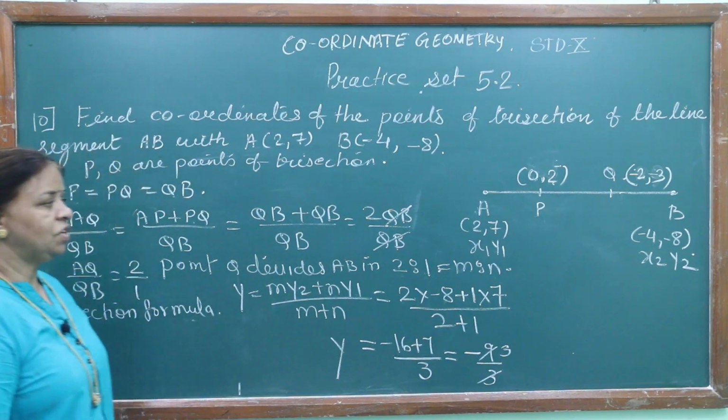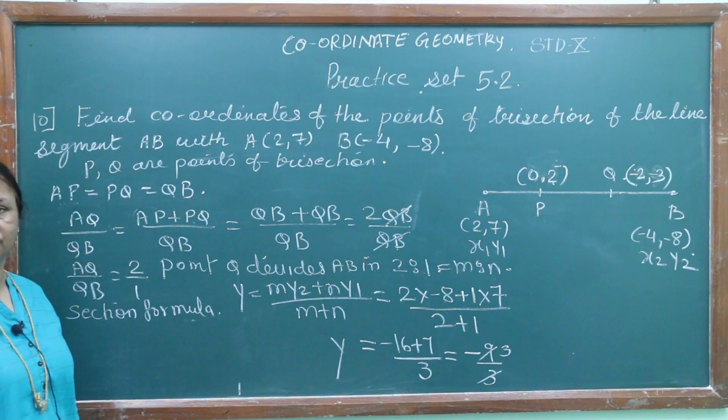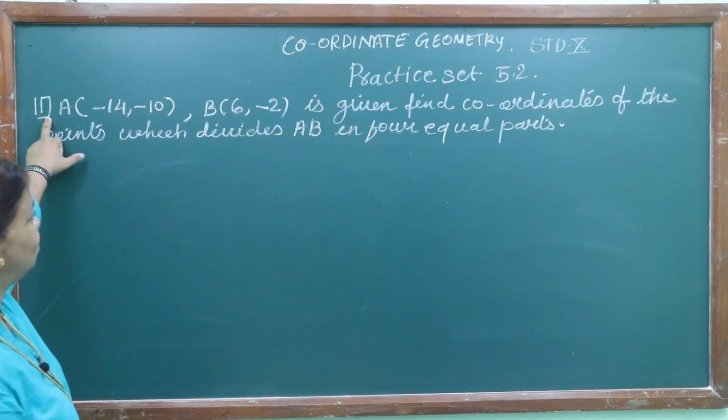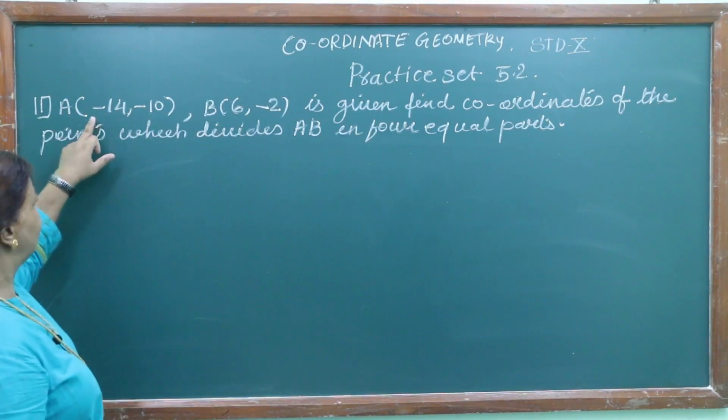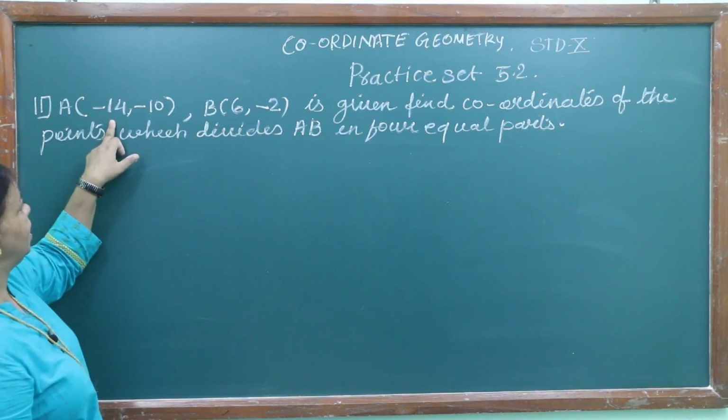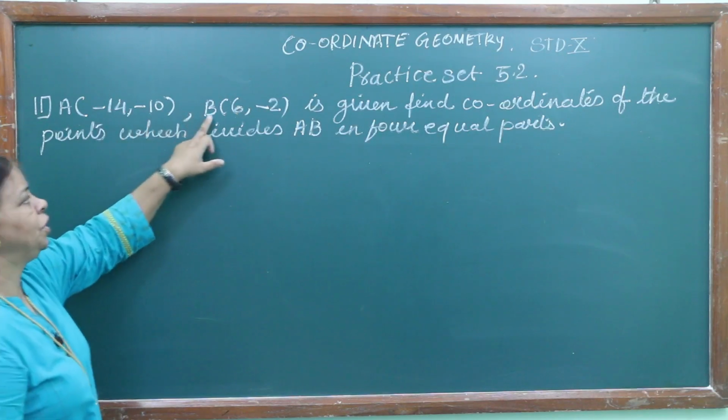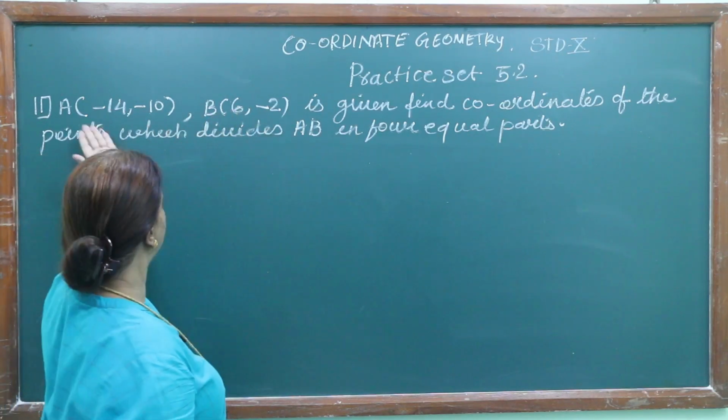So you can pause the video and solve the sum, children. 11th sum of exercise 5.2. Point A with the coordinates minus 14 and minus 10, and point B 6, minus 2. Make a line AB.